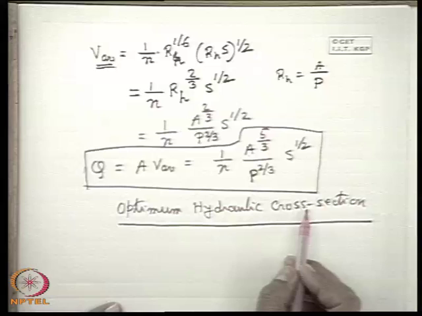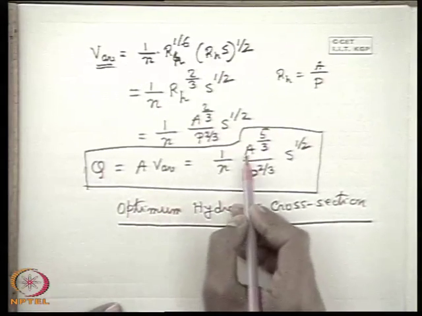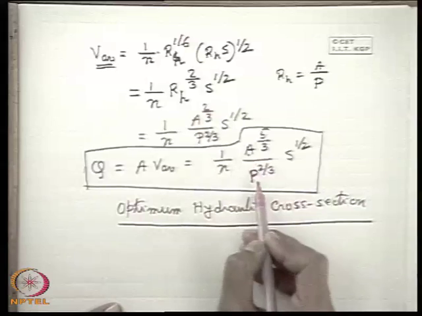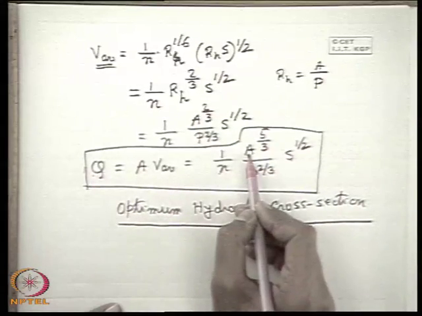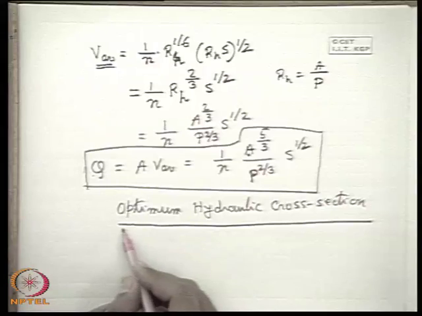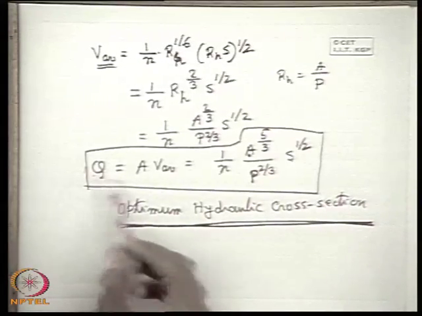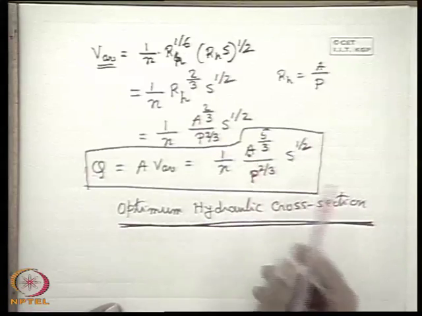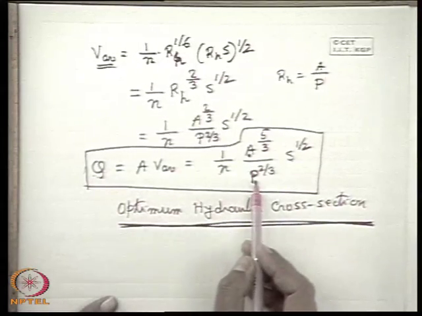Here the discharge is maximum for a given cross sectional area, and from another angle, for a given discharge the perimeter is minimum.